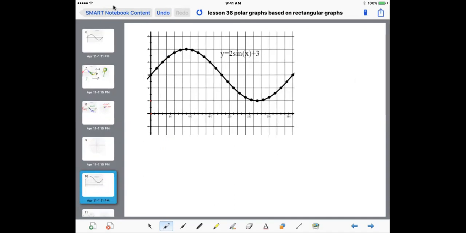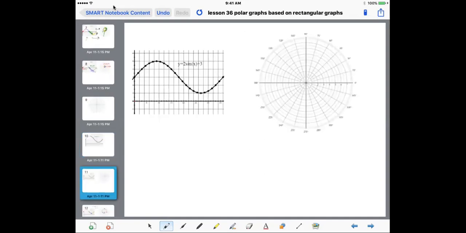Now, one thing about this graph is that it has no x-intercepts. Someone type into the chat, because this graph has no x-intercepts, what is going to be true about the polar graph of this?